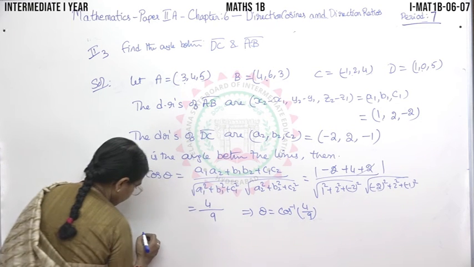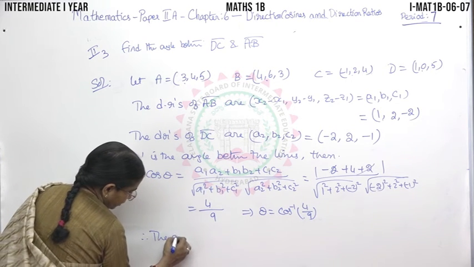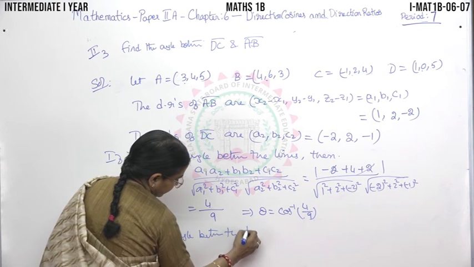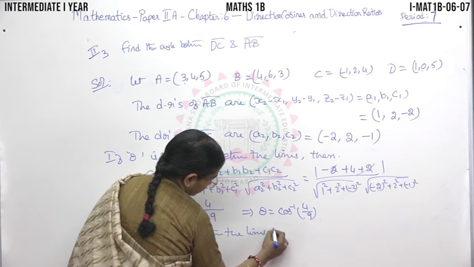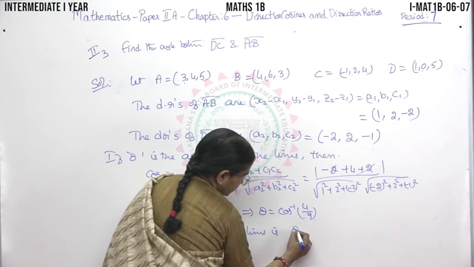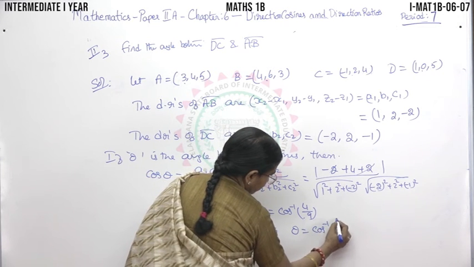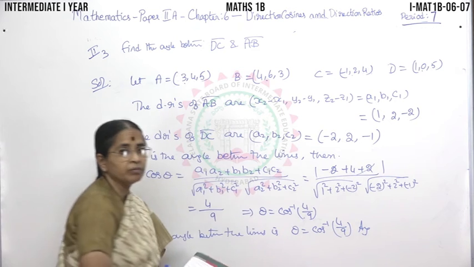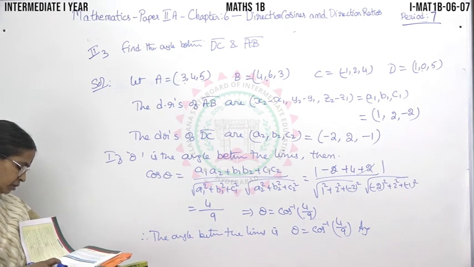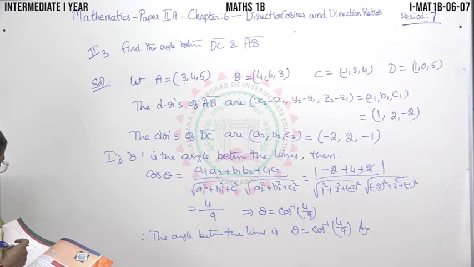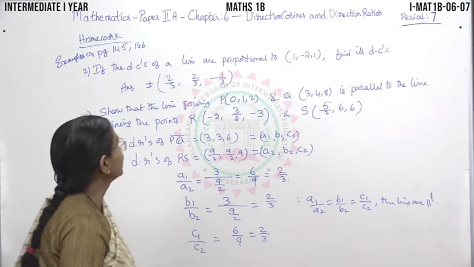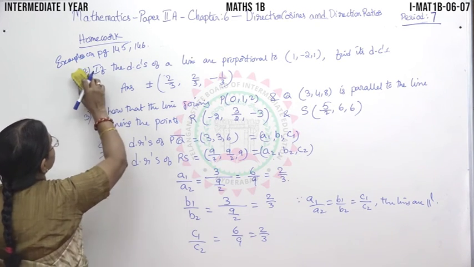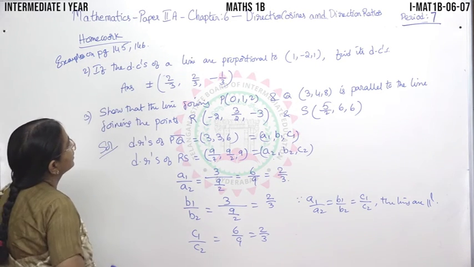Therefore the angle between the lines is theta is equal to cos inverse of 4 by 9. So like this we do the problem. The example problems, you can just see the textbook page 145 and 146.